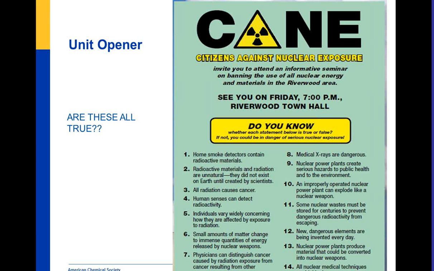And in one of my favorite activities ever to end the unit, they're actually going to come up with a presentation to present to senior citizens in a senior citizens community who are not necessarily educated about nuclear energy and may have some fears.